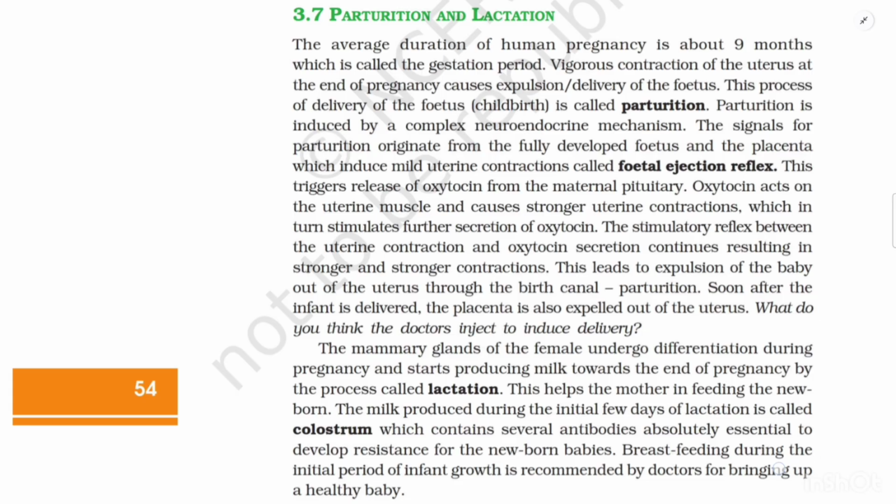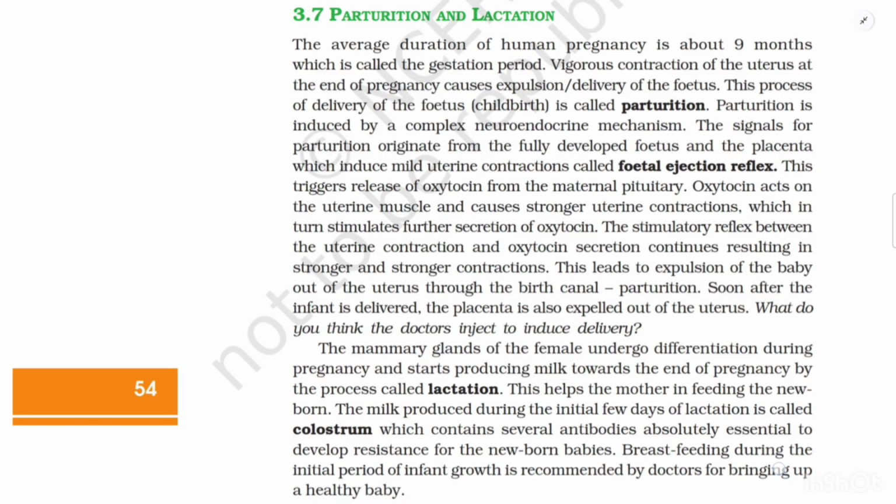The stimulatory reflex between the uterine contraction and oxytocin secretion continues, resulting in stronger and stronger contractions. This leads to expulsion of the baby out of the uterus through the birth canal, parturition. Soon after the infant is delivered, the placenta is also expelled out of the uterus.